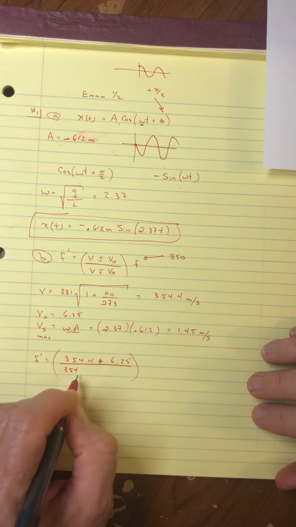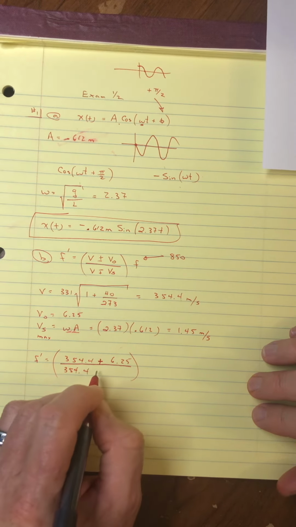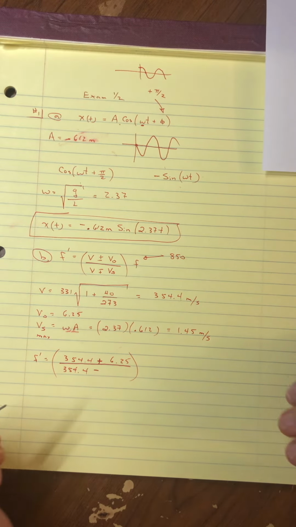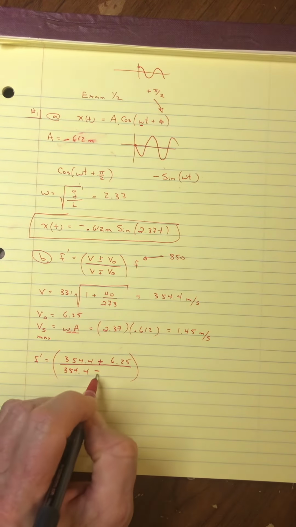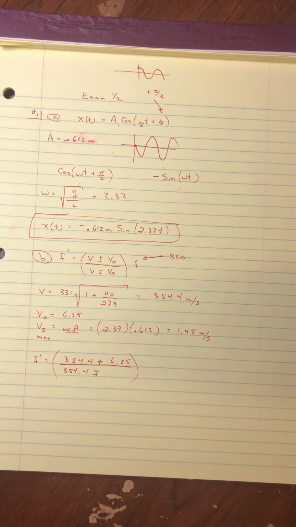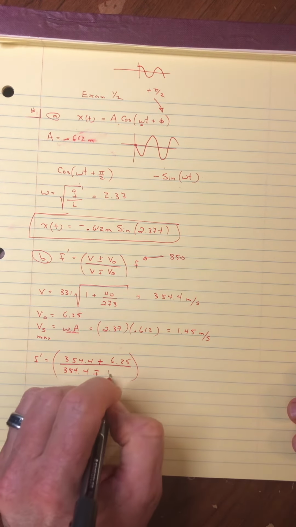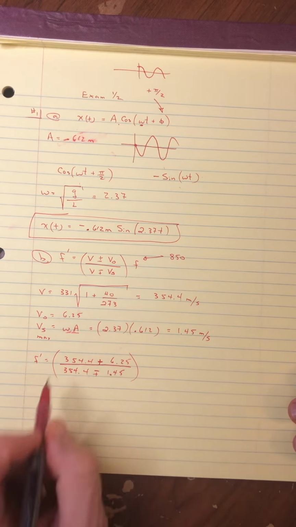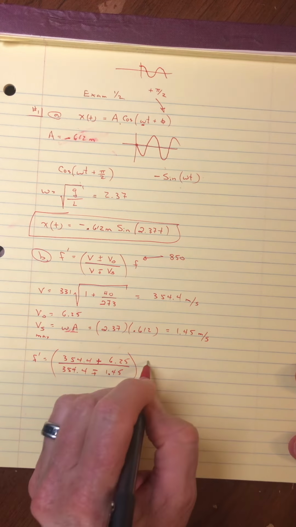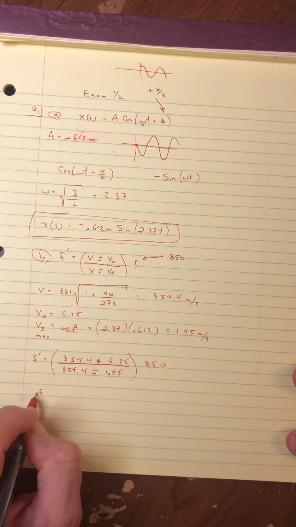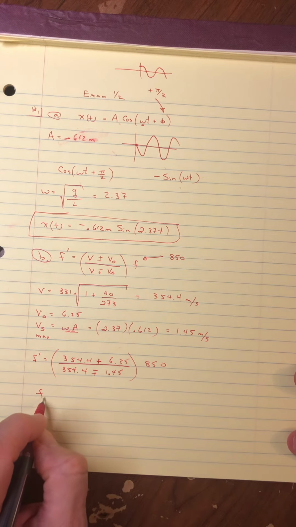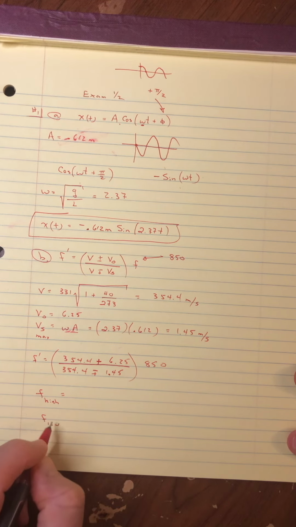So this will be a 354.4, and it would be a minus when it's going towards the bike rider. And so that's going to give us the higher frequency. It's going to be a plus sign when it's going away from the bike rider. But the speed is only 1.45, and then of course times 850. So let me do the high one first, and then the low one.